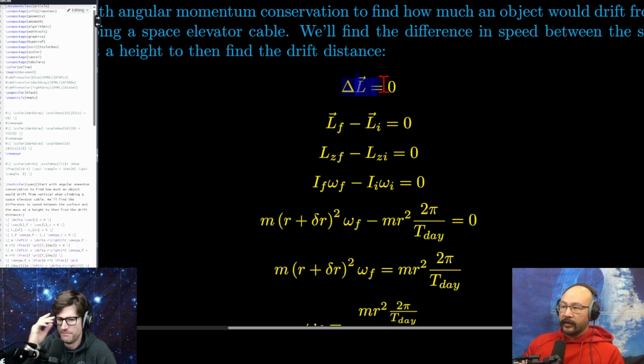So you're starting with conservation of angular momentum, with no external torques. The cable forces don't really give much torque because of the orientation of the forces, so it's a pretty good assumption that it's 0, maybe. So we have L_f minus L_i, the final angular momentum minus the initial angular momentum.